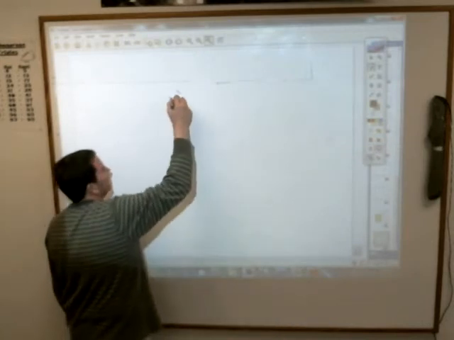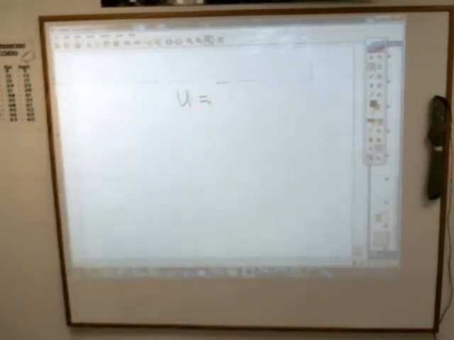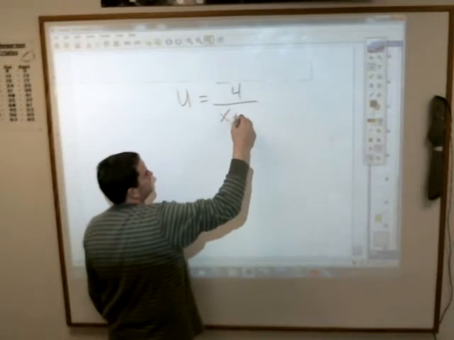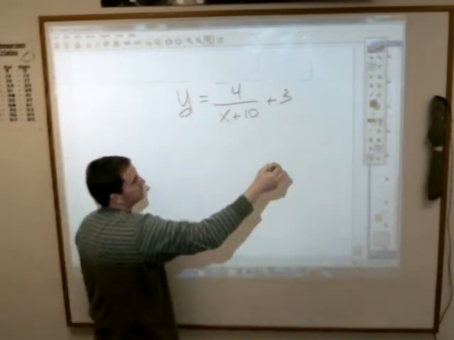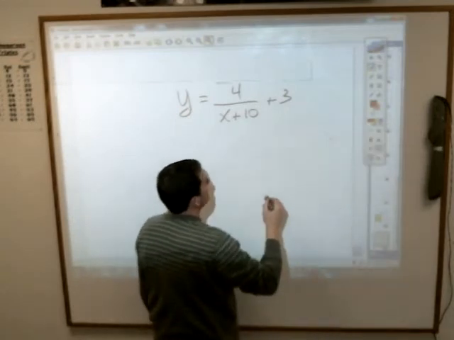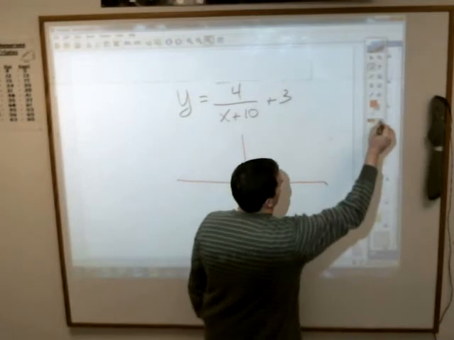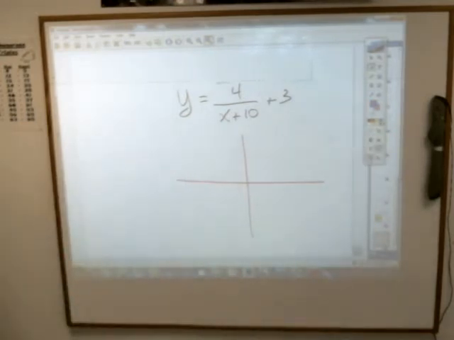Here's an equation: y equals 4 over x plus 10, plus 3. Watch how easy this is. The first thing you do is find your vertical and horizontal asymptotes.